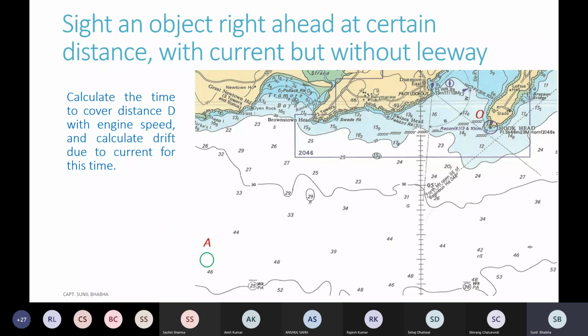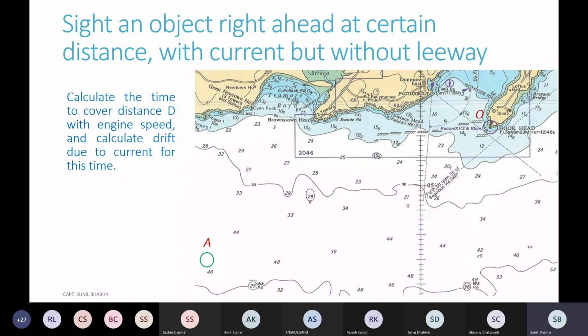So step number 1 in this question: we need to find out the time required to cover the given distance. Let us say they want us to have this lighthouse right ahead at 12 miles off. So we need to find out what is the time that our ship requires to cover this 12 miles distance using our engine speed.